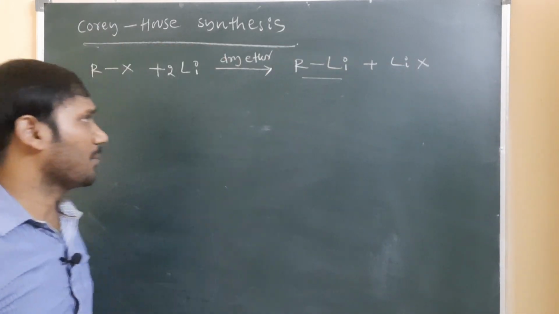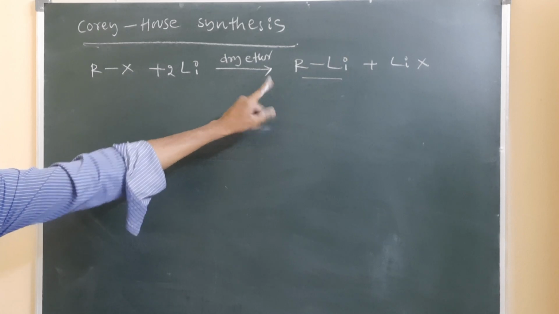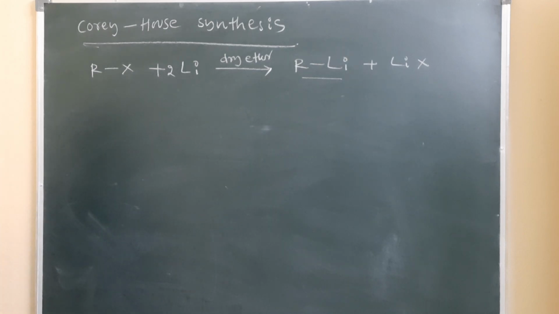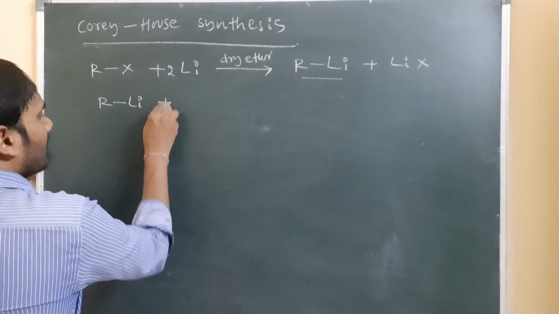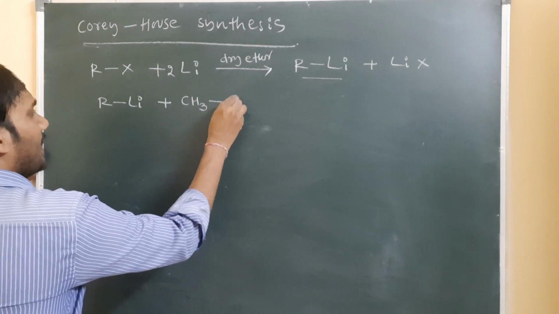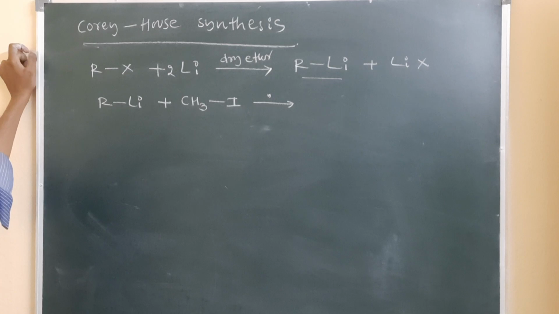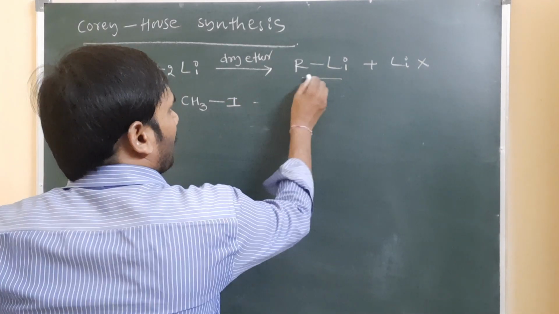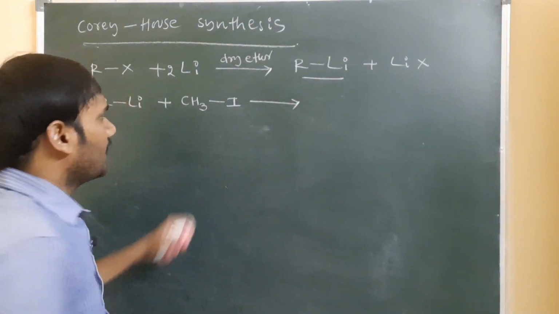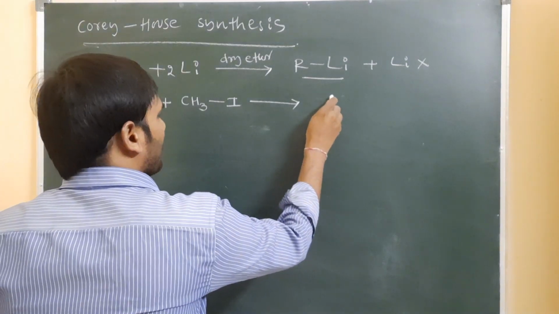Maybe chlorine, maybe bromine, maybe iodine, whatever the halide. Now whatever is forming, that product I am reacting with methyl iodide in the presence of dry ether.